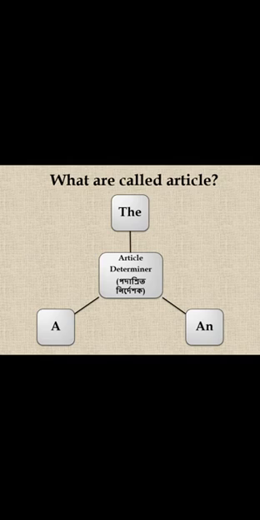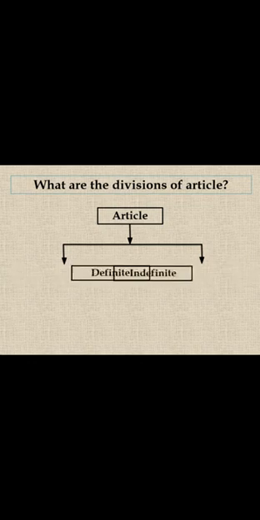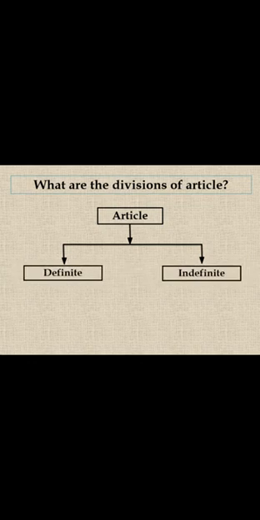What are called articles? See: the, a, an. Articles are determiners. That means the, a and an, these three words are called articles. Article is also called determiner. What are the divisions of article? Let's see. There are two kinds of article, definite and indefinite.